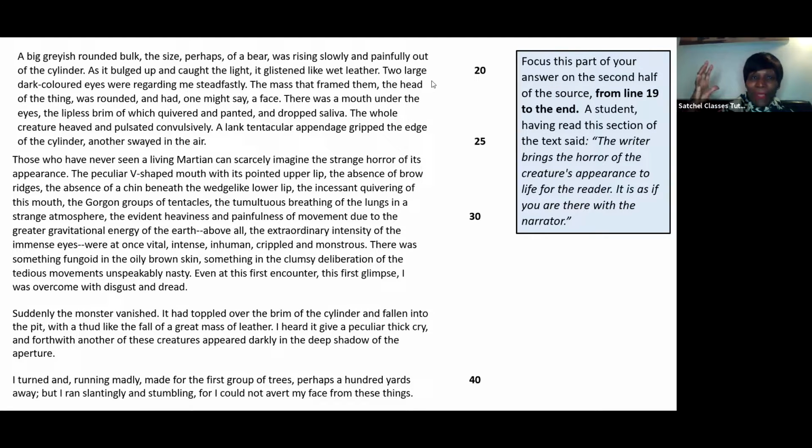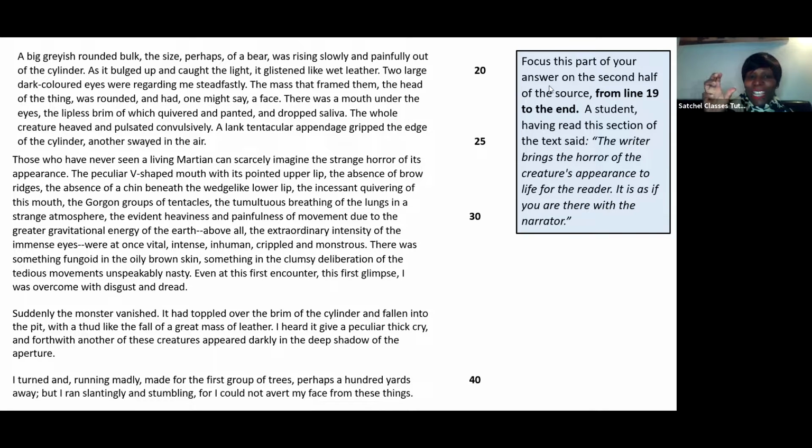The mass that framed them, the head of the thing, was rounded and had, one might say, a face. There was a mouth under the eyes, the lipless brim of which quivered and panted and dropped saliva. The whole creature heaved and pulsated convulsively. A lank tentacular appendage gripped the edge of the cylinder, another swaying in the air.